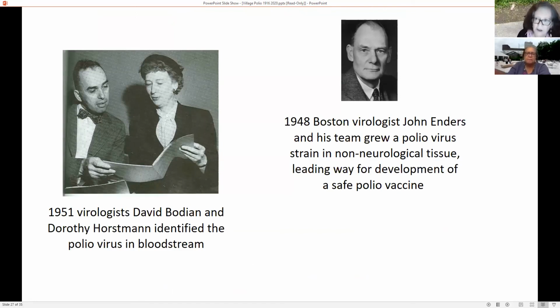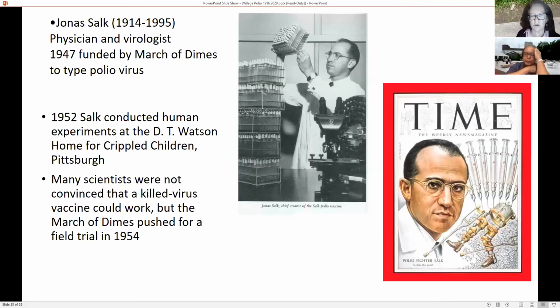Polio had been an endemic disease, around for many centuries, and it was only with improved childcare and sanitation that children were protected from early exposure and then developed paralysis when they got a little bit older.